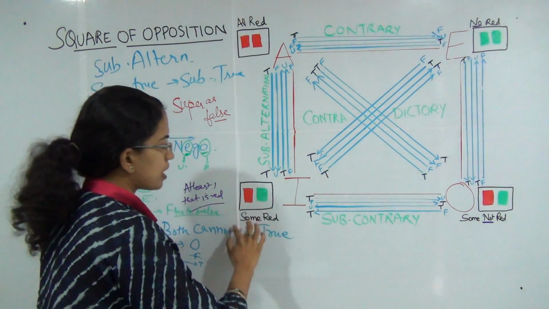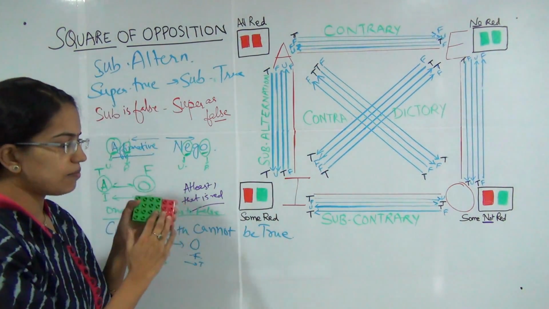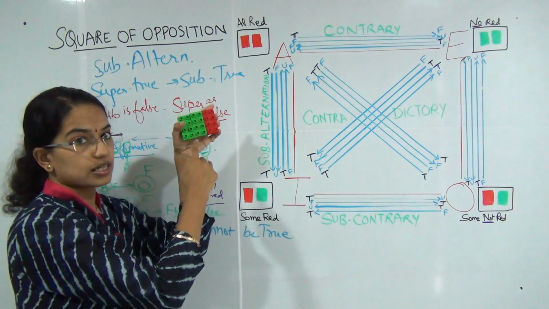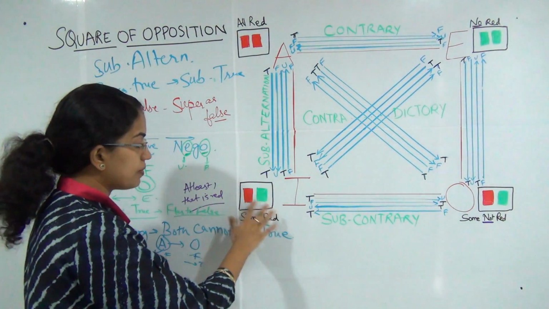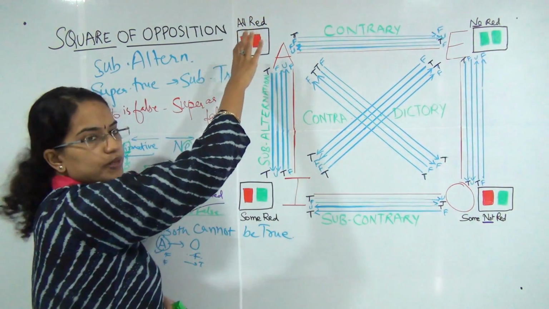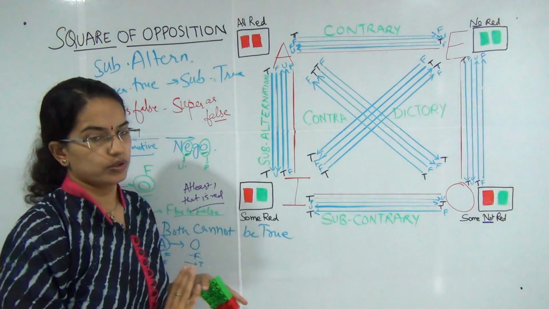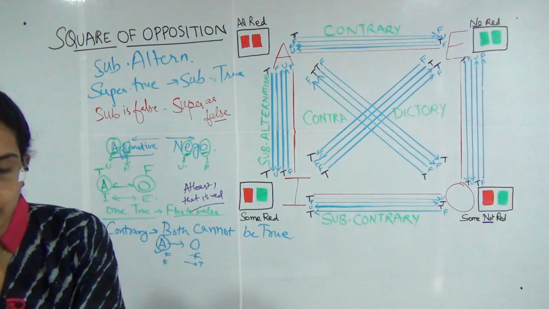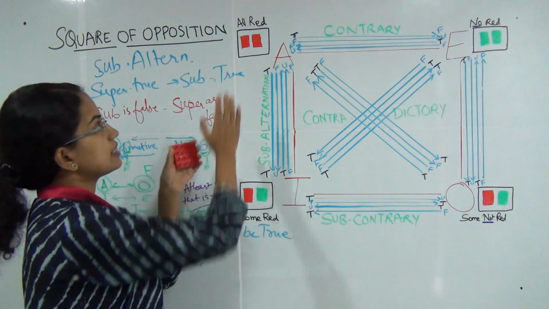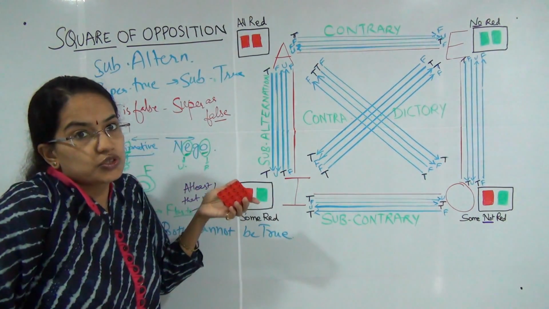But if sub is true, if I am saying some blocks are red in color, I cannot say all blocks are red in color. So if sub is true, I cannot say anything about super. It can be true, it can be false. So if I am saying in this case some blocks are red, but in this case all blocks are red becomes true.